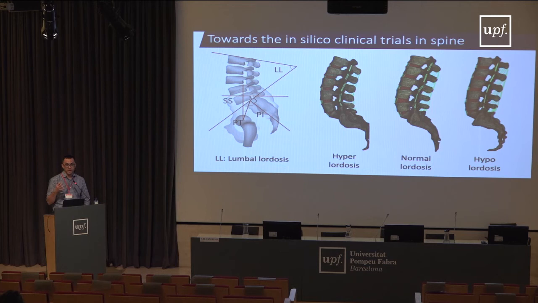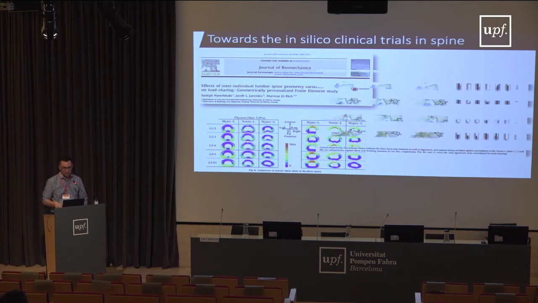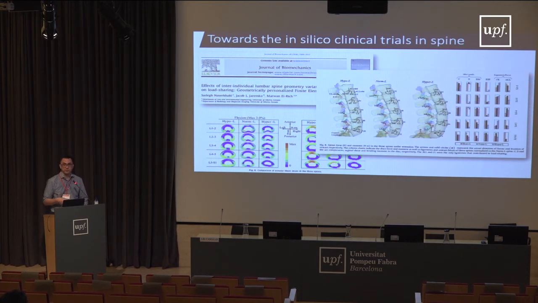The alignment and the motion in different angles can really influence the biomechanical properties of the spine. For example, if the same model or the same spine is in different alignment regarding the lumbar lordosis, you will have different stresses on the discs. You will have different moments and forces on the parts of the spine.